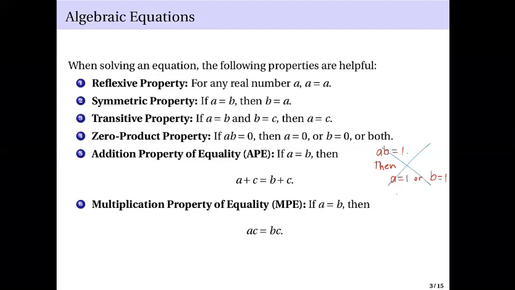Because I can take A equals 1 half and B equals 2, and if you multiply AB, you'll still get 1. Or I can take A equals 3 halves and B equals 2/3, and if I multiply AB, I still get 1. So there are infinitely many possibilities.